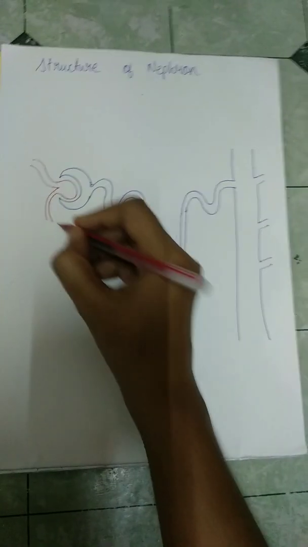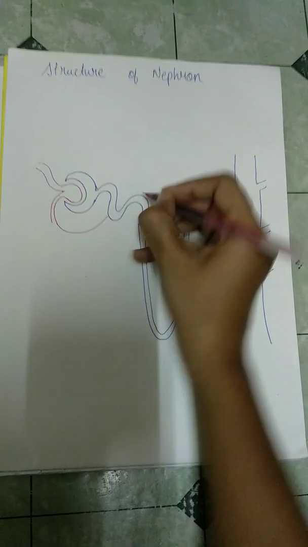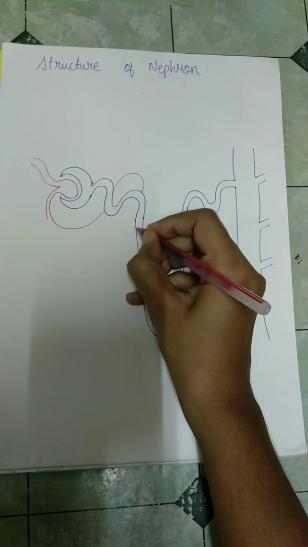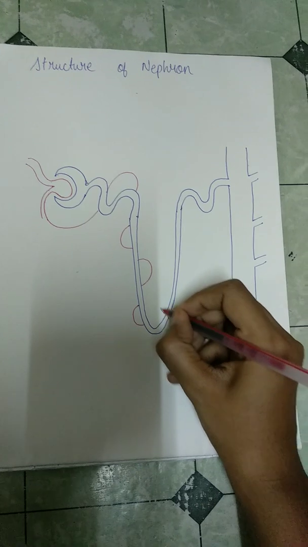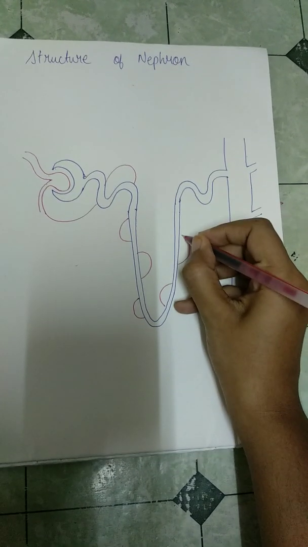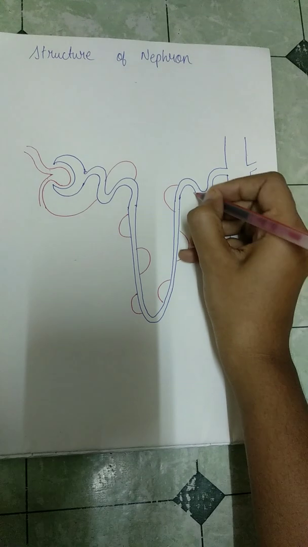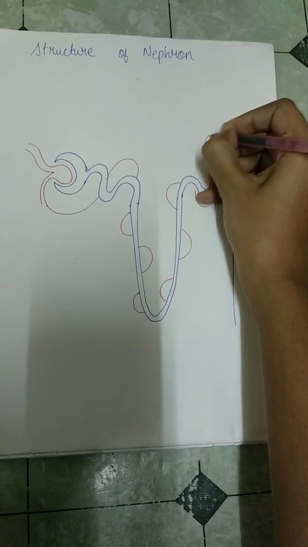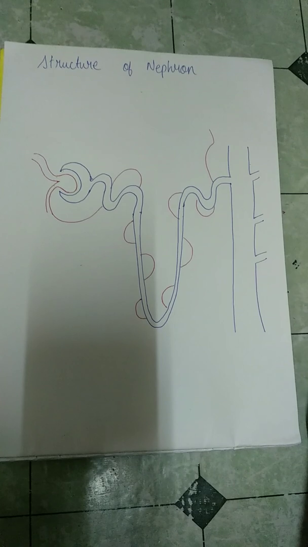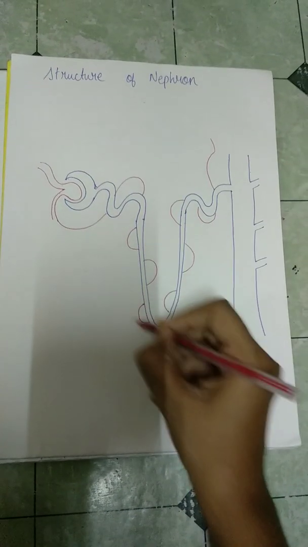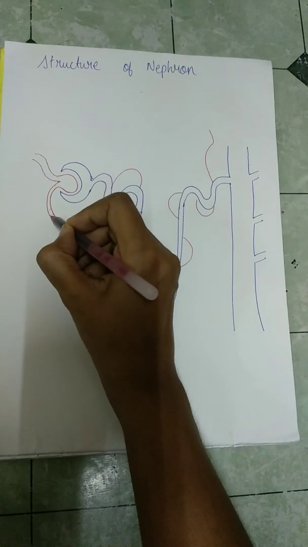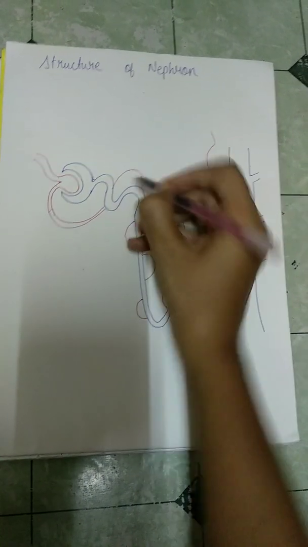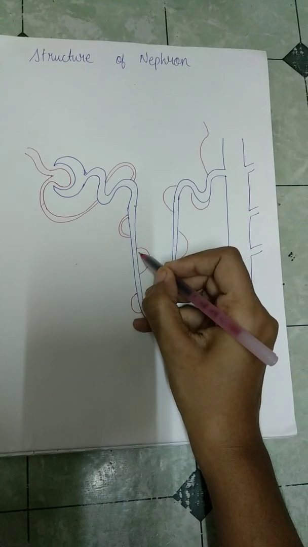Now extend this line further and draw a pattern surrounding the tube of the nephron. You can draw the pattern in whichever way you like. You can see I'm drawing a pattern just randomly, then extend this tube out. Whichever pattern you have drawn over here, you should draw the pattern like this only, but it can be anywhere. So extend this line and complete the pattern of this tube.